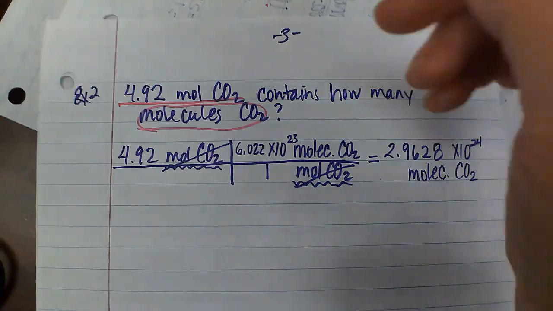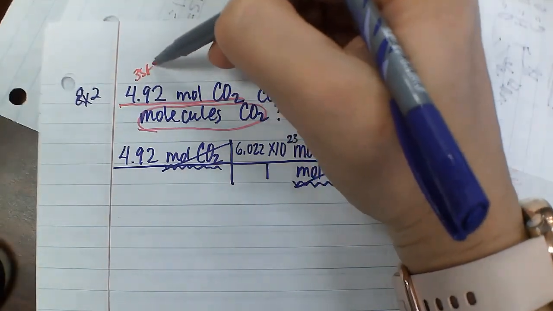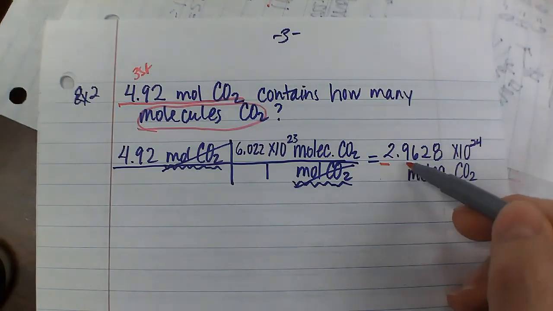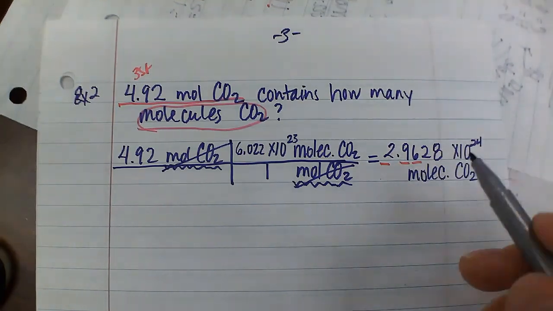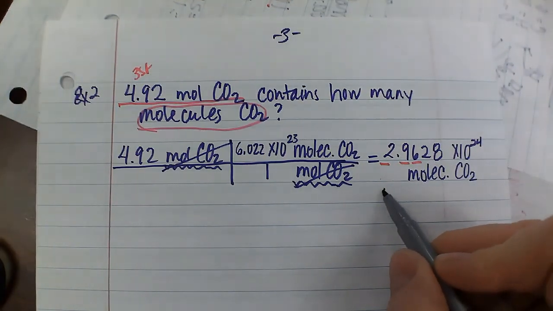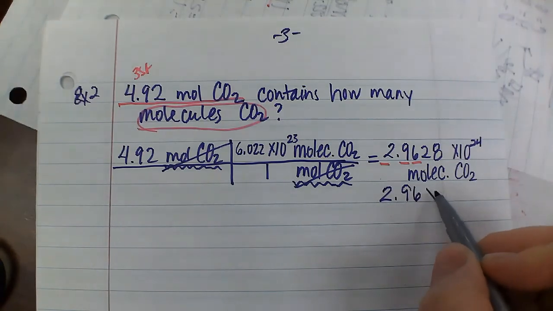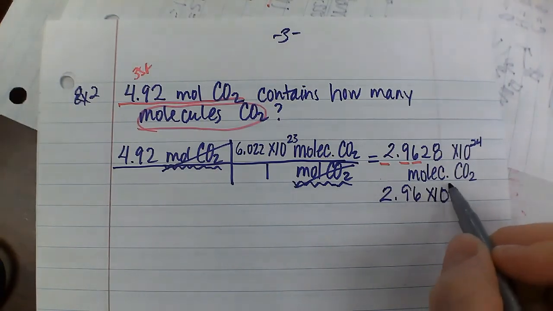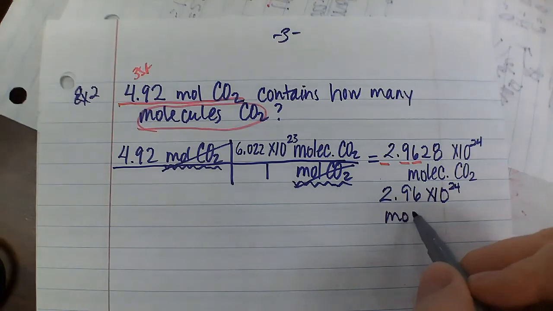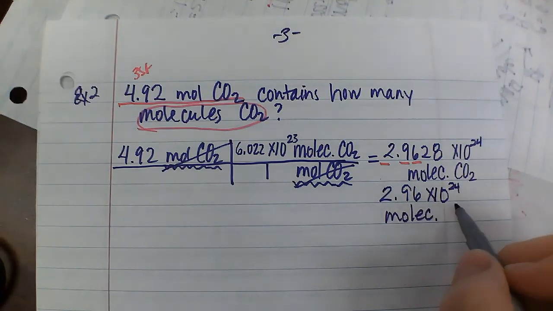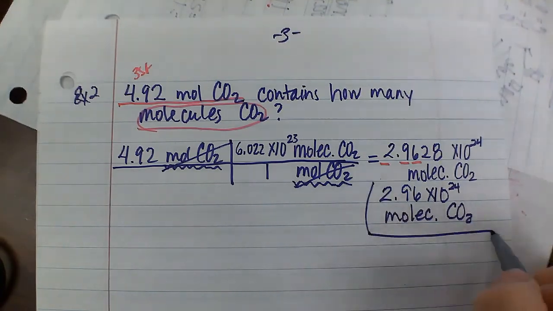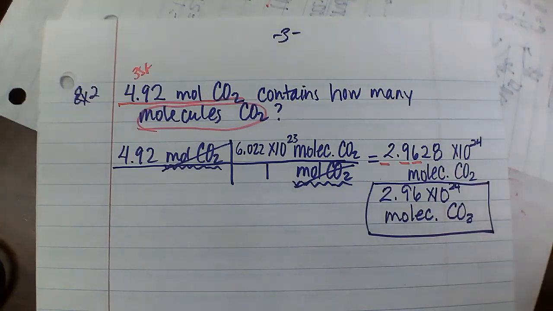Looking back for sig figs, 3 sig figs. So my final answer is 2.96 times 10 to the 24th molecules of CO2.